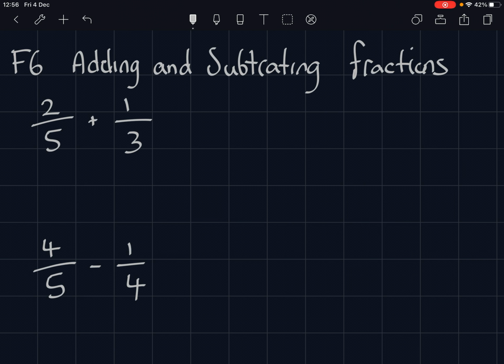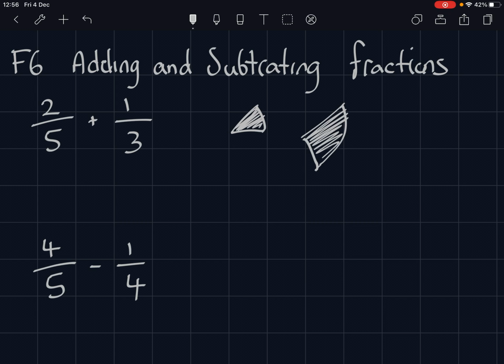The first thing I just want to explain is when you're adding fractions, the pieces of the fraction must be the same size. If you imagine a fifth, it might be like this, but a third might be like this, a lot bigger.